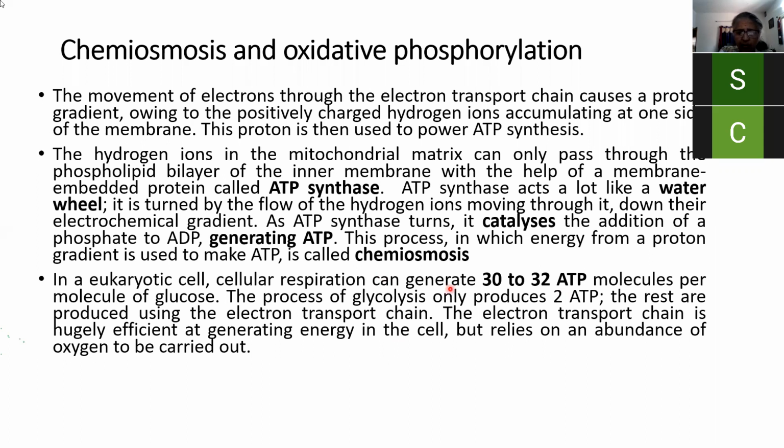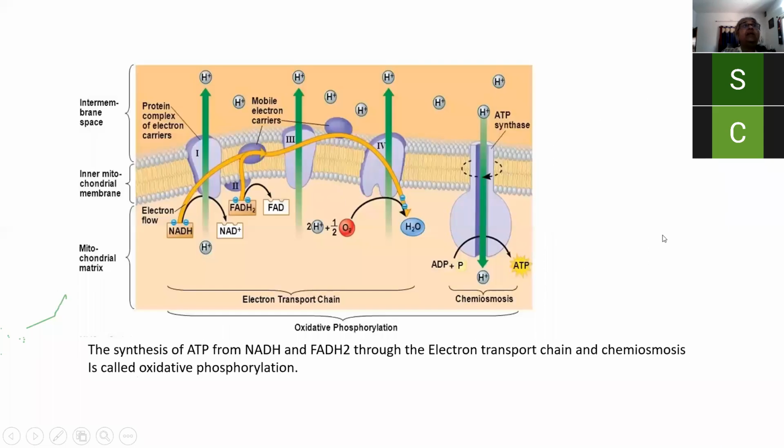So how this is actually happening, you can see in this figure. The synthesis of ATP from NADH and FADH2 through the electron transport chain and chemiosmosis is called oxidative phosphorylation. So you can again see here how we have complex 1, then complex 3 and complex 4.